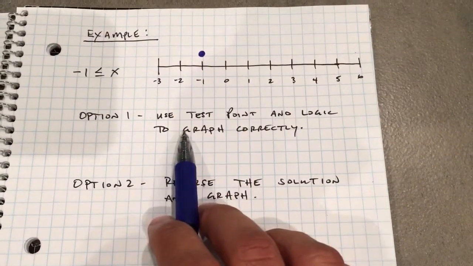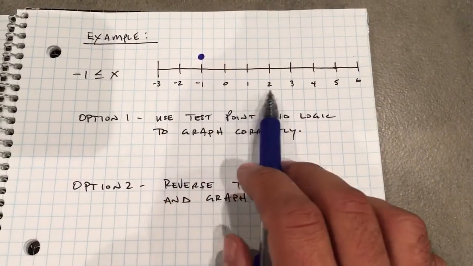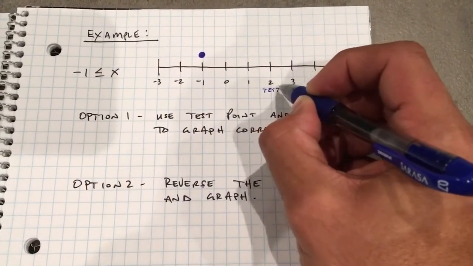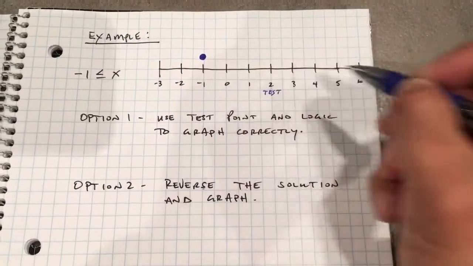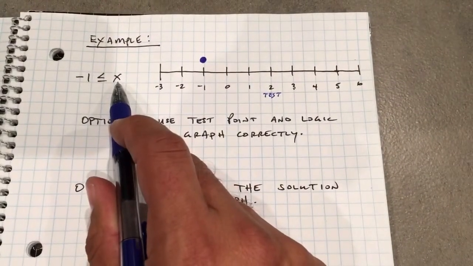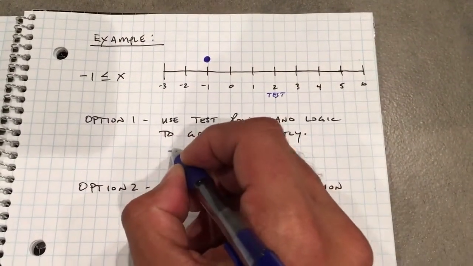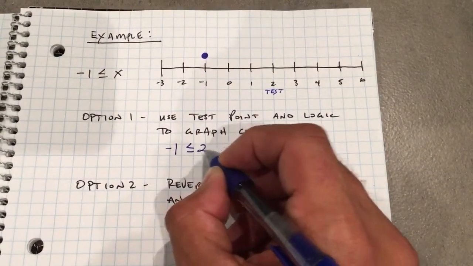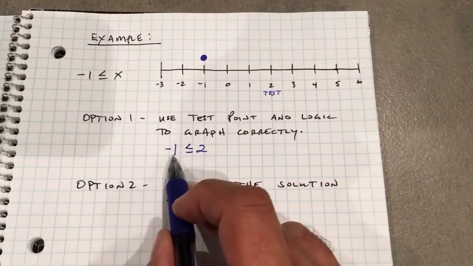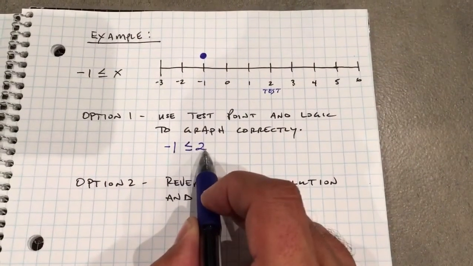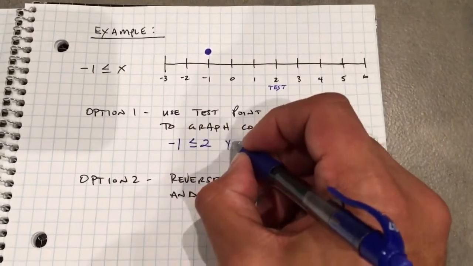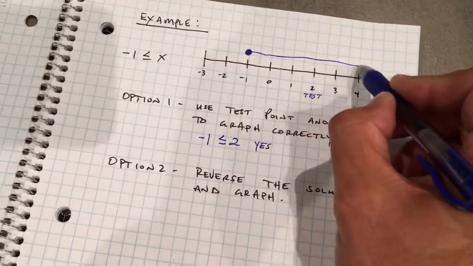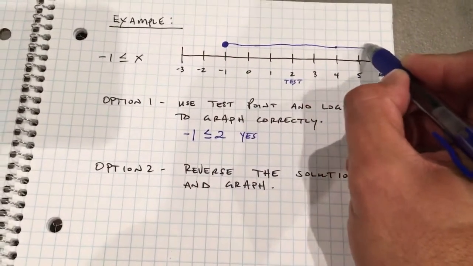Okay, well, let's use a test point. Let's say I'm going to use 2. So if I use 2 as a test point for this x, it would say -1 is less than or equal to 2. Is -1 less than or equal to 2? Yes. So we would have to point it to where it's true.